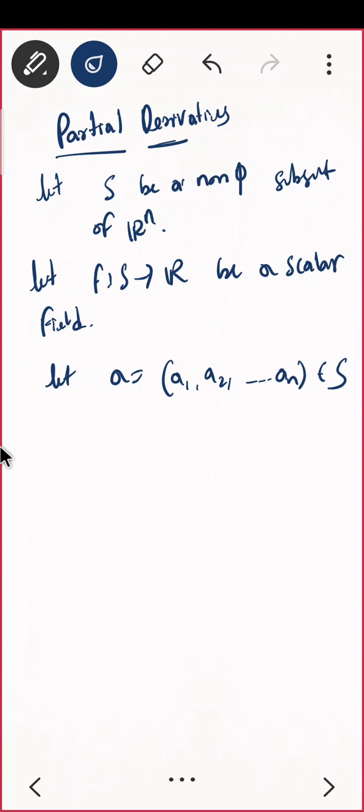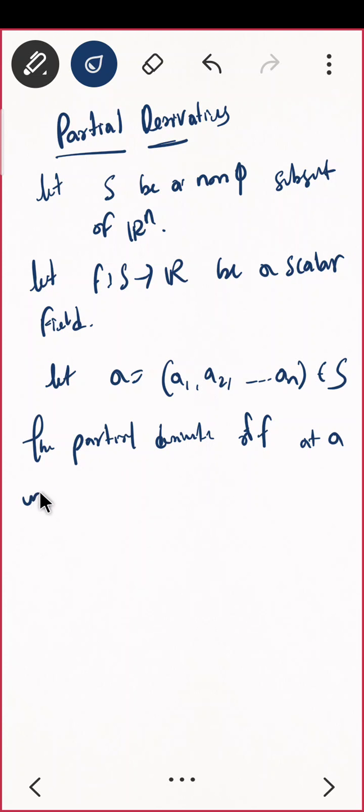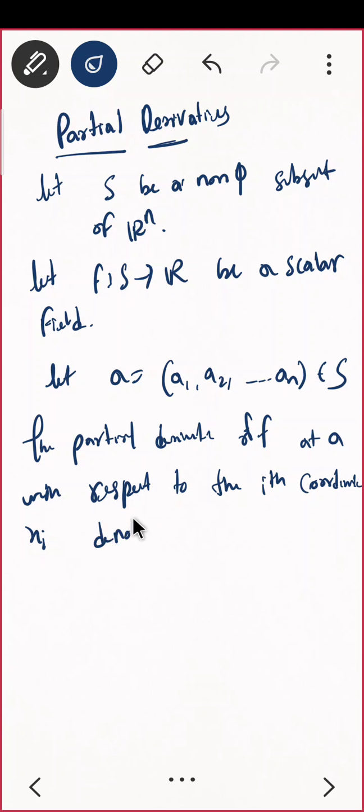Okay, the partial derivative of f at a with respect to the ith coordinate xi, denoted by, what is it denoted by? Dou f by dou xi, correct?